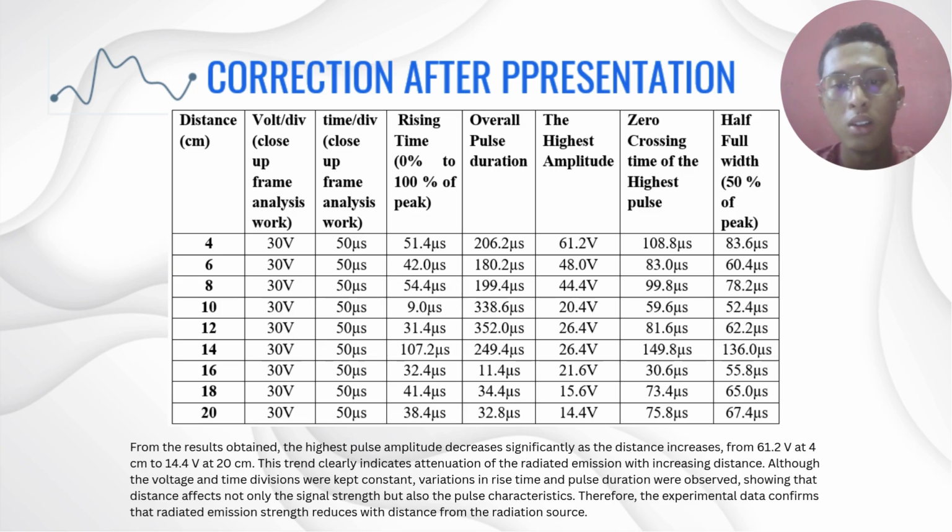Although the voltage and time division were kept constant, which is 30 volts per division and 50 microseconds per division, variations in rise time and pulse duration were observed, showing that distance affects not only the signal strength but also the pulse characteristics. Therefore, the experiment data confirms that radiated emission strength reduces with distance from the radiation source.